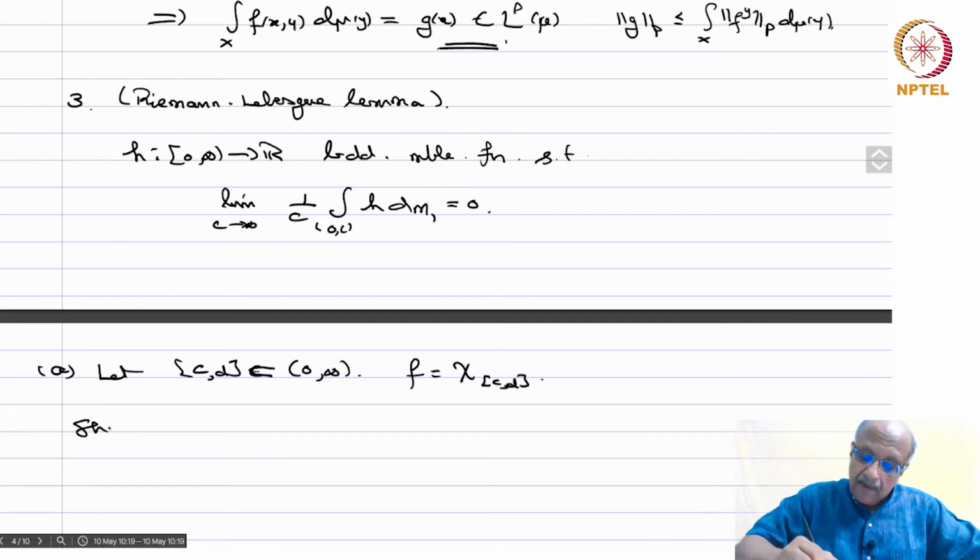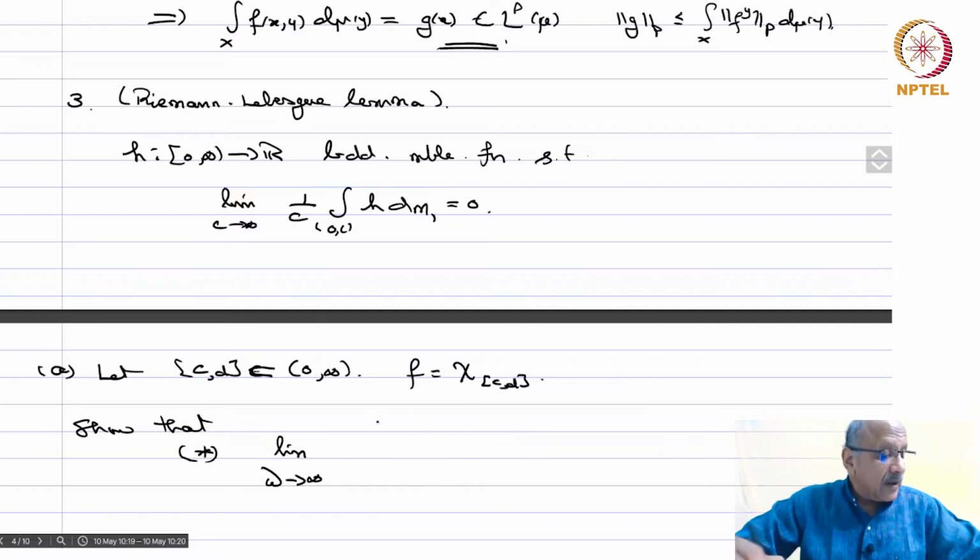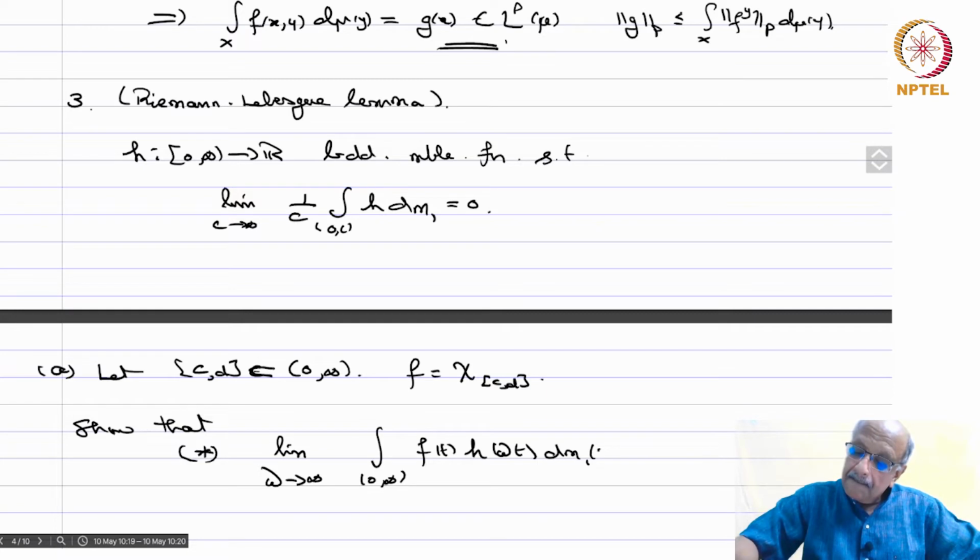Show that (star): limit as omega tending to infinity of integral 0 to infinity of f(t) h(omega t) dm1(t) equal to 0.